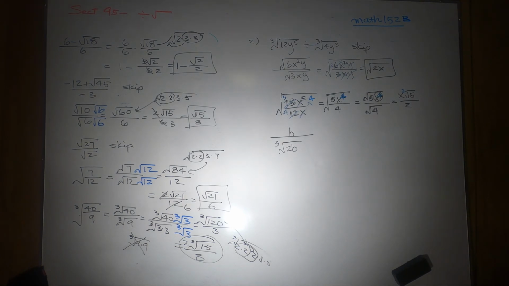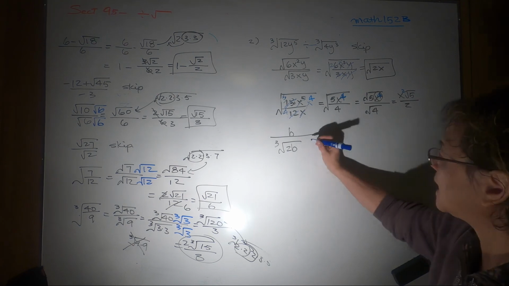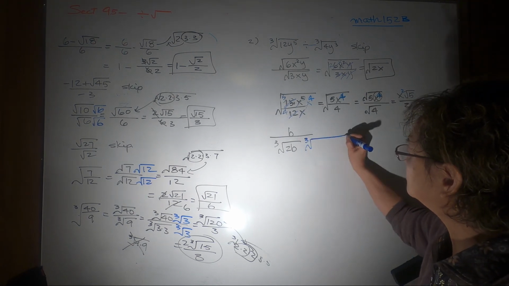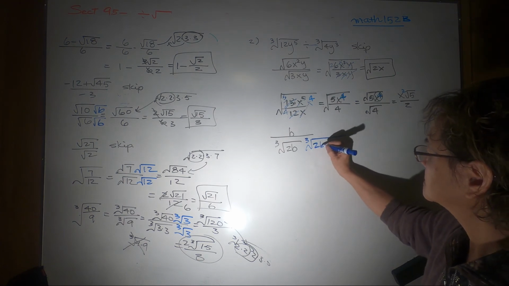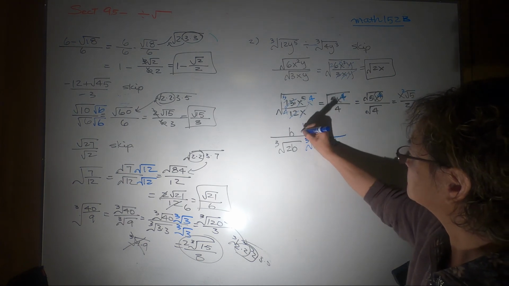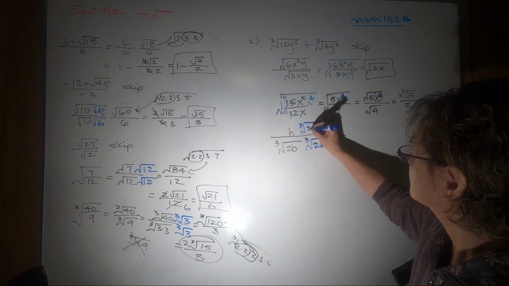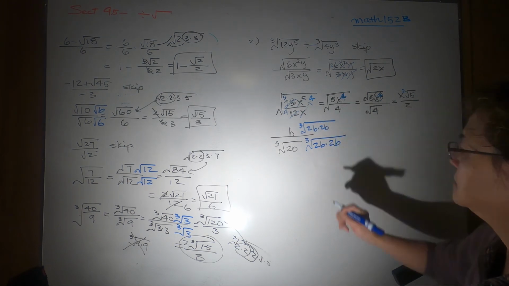We have to rationalize it, make it go away. To make it go away, we need a cube root, right? We need 3 of them, a triplet. So we need 2 more. Right?